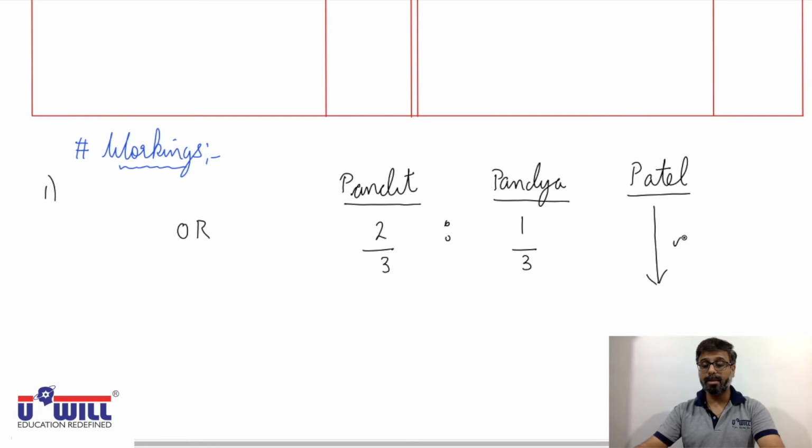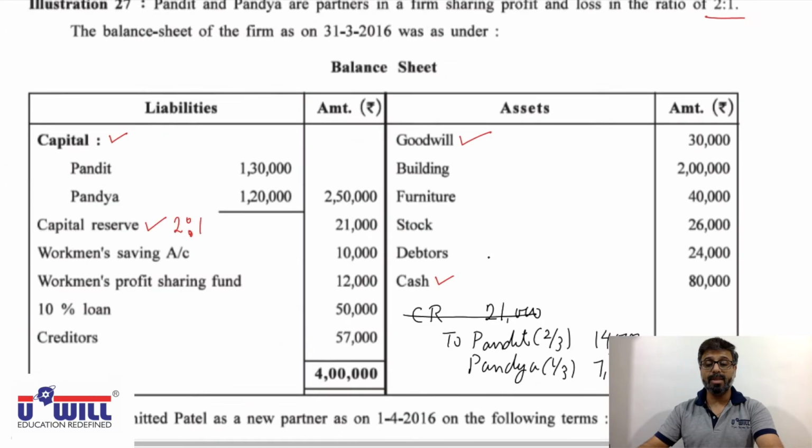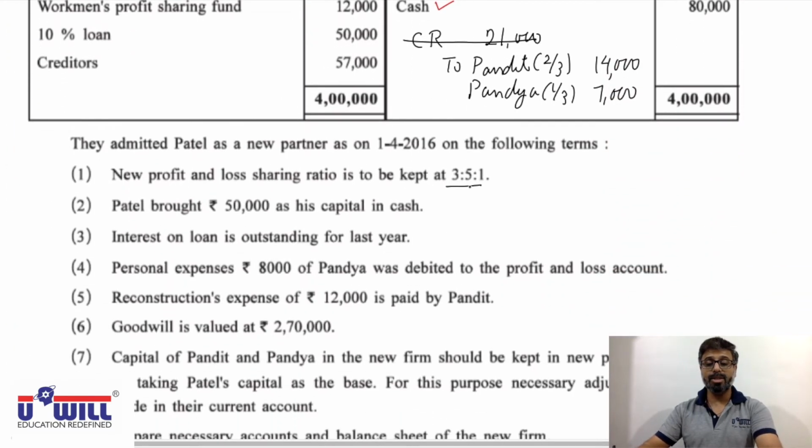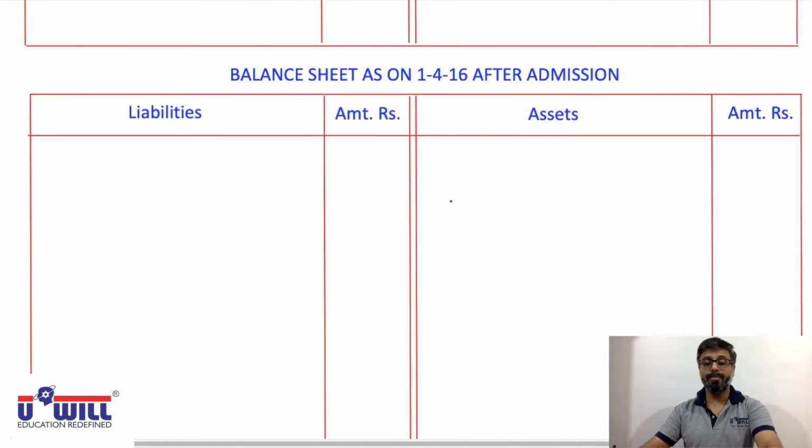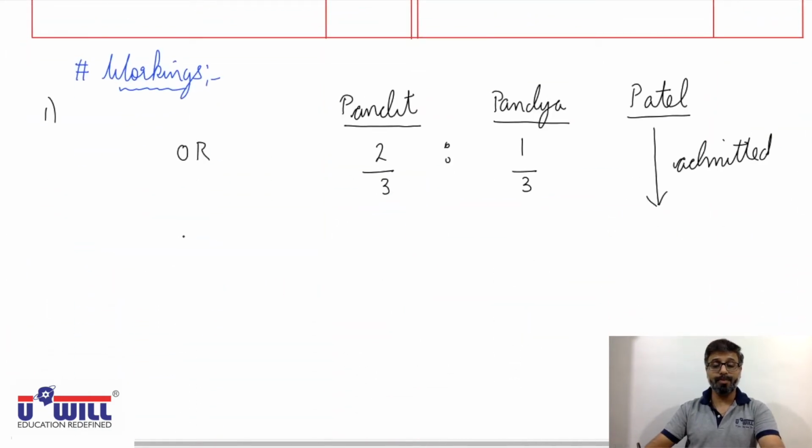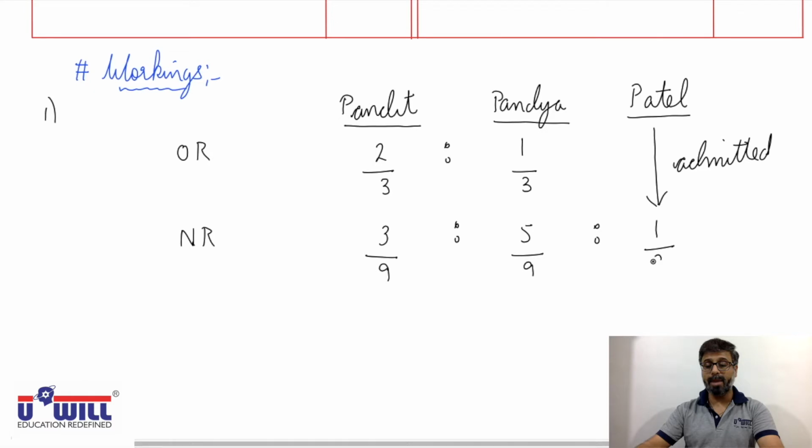Patel is admitted, and the new ratio is given as 3:5:1. So the new ratio is 3 by 9, 5 by 9, 1 by 9.